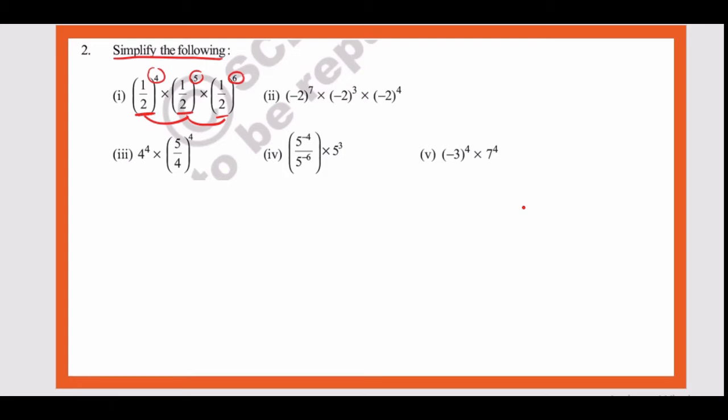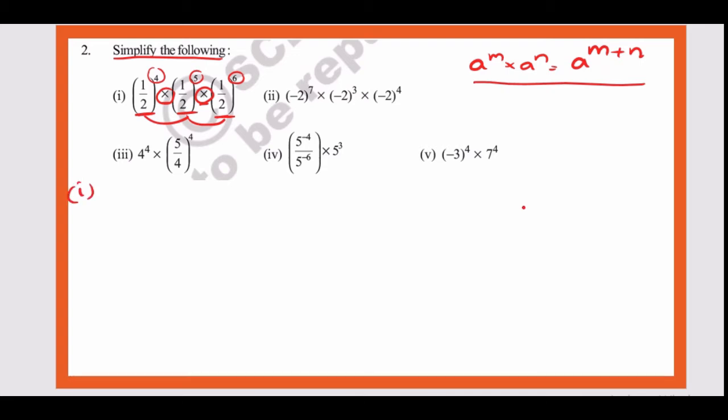When bases are equal and they are in product form, meaning they are getting multiplied, you can use the formula a power m into a power n, which can be written as a power m plus n. All these problems are related to this formula. Okay, let us see these.